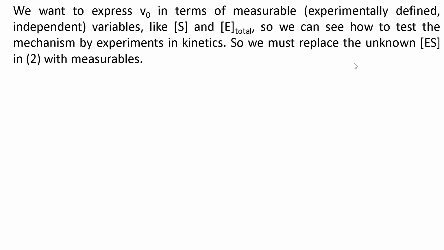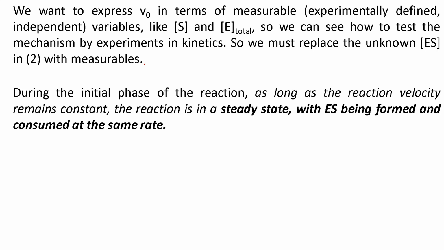We must replace the unknown ES in that equation with what we are measuring. During the initial stage of the reaction, as long as the reaction velocity remains constant, the reaction is in a steady state with ES formed and consumed at the same rate.